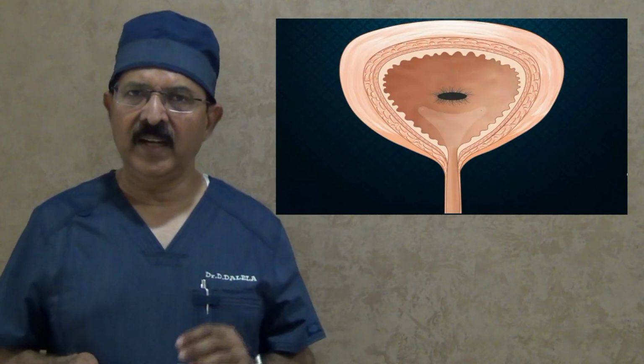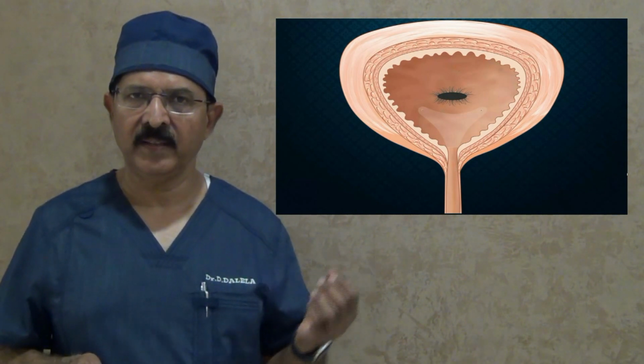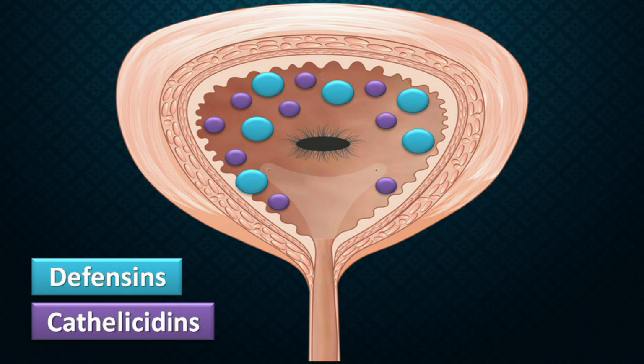Now, I would like to draw your attention a little more to antimicrobial peptides. If a bacteria enters the urinary bladder like this, a free bacteria, floating, then the bladder wall, the mucosa, secretes a peptide called defensin. And then there is another peptide secreted by the bladder wall, and that is cathelicidin.